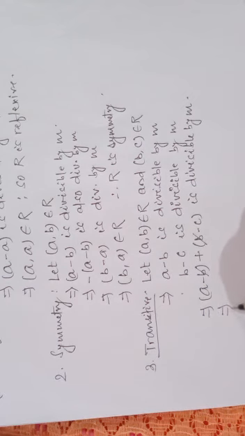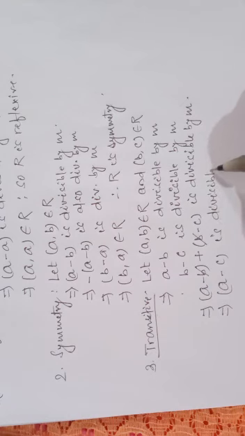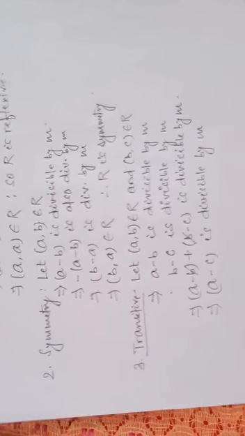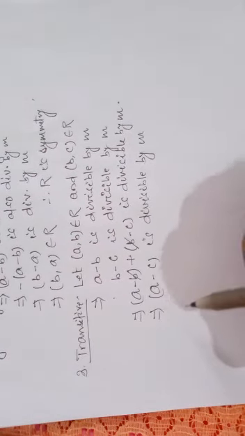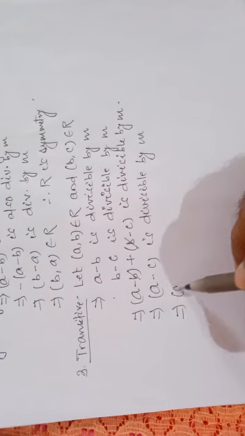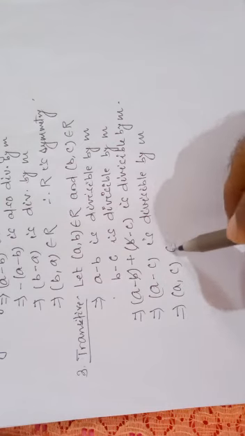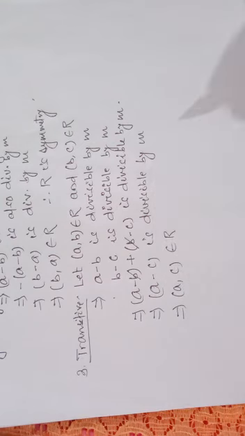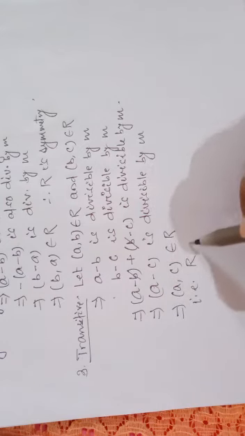How much is left? A minus C is divisible by M. So A minus C divisible by M means (A, C) belongs to R. It means R is transitive.